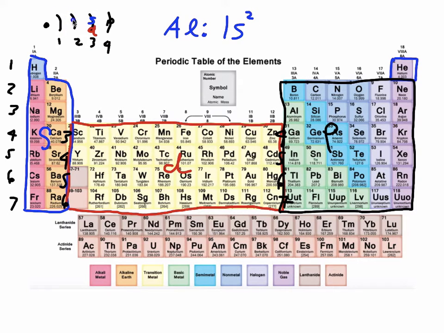The next electrons are in the 2nd energy level, in the s orbital, 2 of them, and we have 6 in the p orbital, 1, 2, 3, 4, 5, 6. We restate the energy level and the orbital. The next electrons are in the 3rd energy level, 3s, and there are 2 of them. And the very last electron is in the 3rd energy level, 3p, and there is 1 of them.